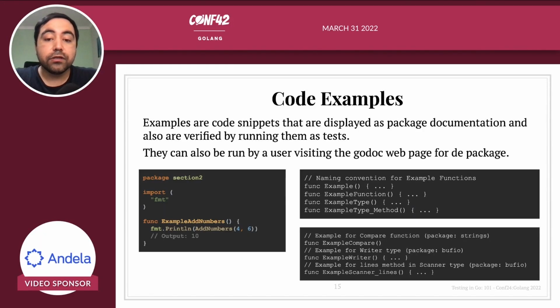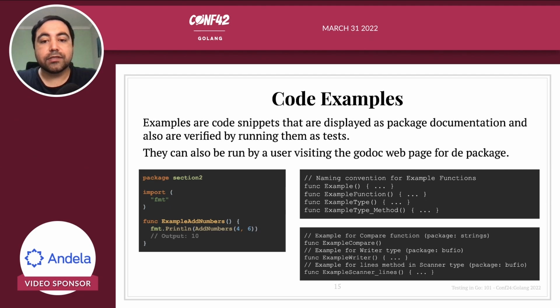Now we are going to talk about code examples. Examples are code snippets that will be running as tests by the Go testing tool, but also are displayed as package documentation, and we can visit and see these examples in the Godoc web page for the package.